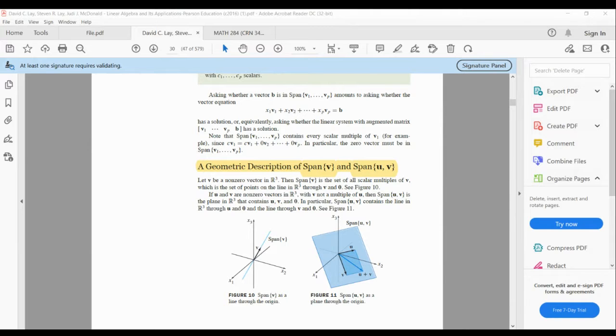Are there any questions on these two figures, figures 10 and 11? Who's feeling good with those figures and the geometry?